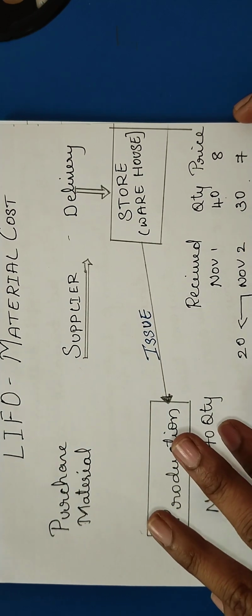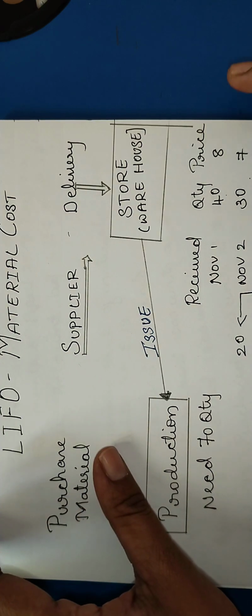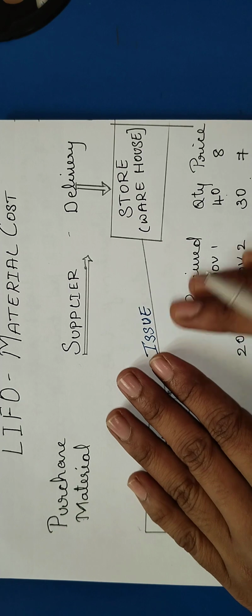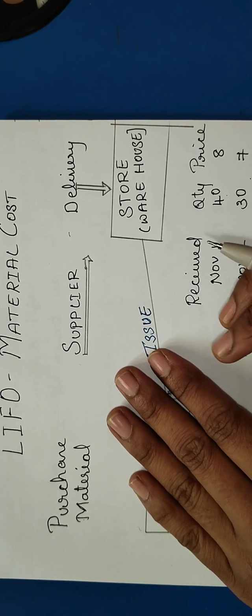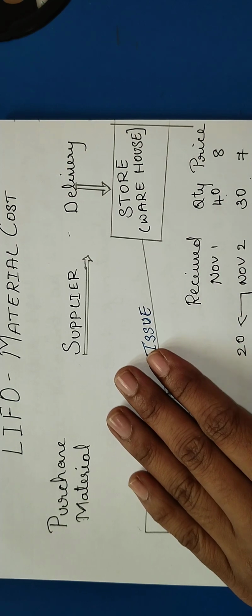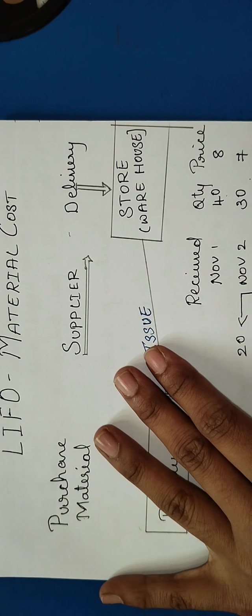If you are not recording inflow and outflow of the material, you will not know the present availability of material, and it may affect the continuity of the work, time management, waste, production. It will affect everything. That's why you need to maintain this material store ledger account.